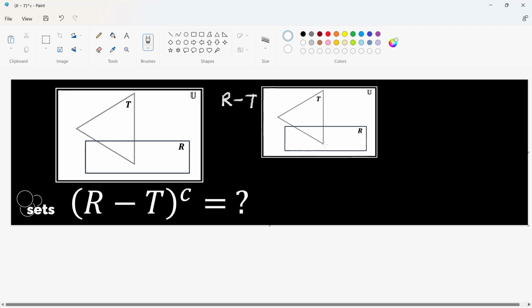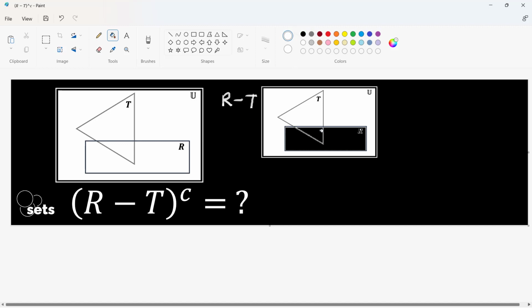When we talk about R minus T, or the difference, there is something that should be removed from the first set. That something is a region that is also a region of the second set. Here, set R corresponds to this rectangle, but a portion of this is shared by the triangle set T. In short, we're going to remove that out from set R. So instead of shading R like this, which corresponds to the entire rectangle of R, this region here is to be removed.